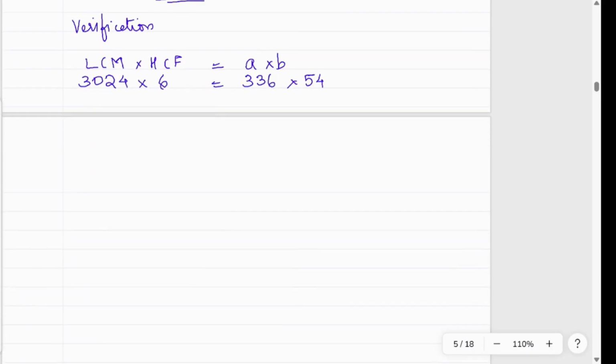So how much will we get here? 18,144. That is, 3024 into 6 is 18,144. Similarly, 336 into 54 is also equal to 18,144. So this is also hence verified.